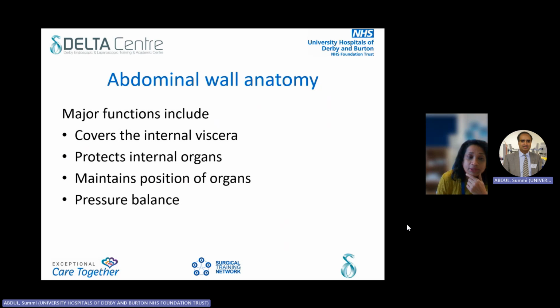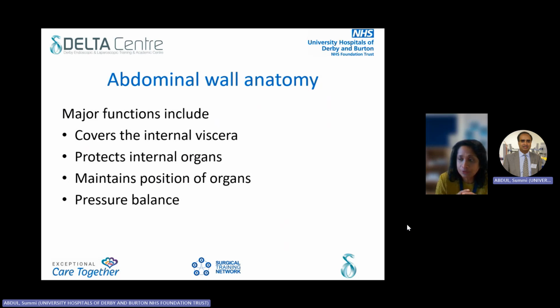When we go on to anatomy, why is anatomy important for surgery? The main function of the abdominal wall, and I'm going to concentrate on the abdominal wall here because that's what we're interested in as obstetricians and gynaecologists, is that it covers the organs and protects them.